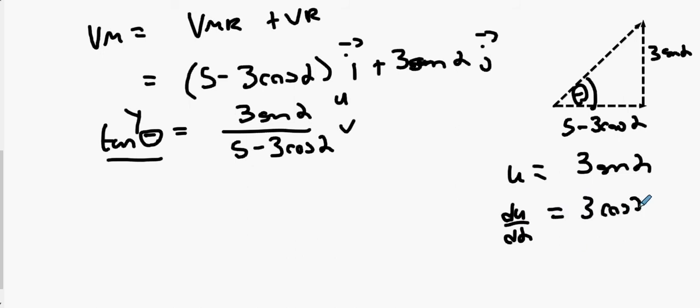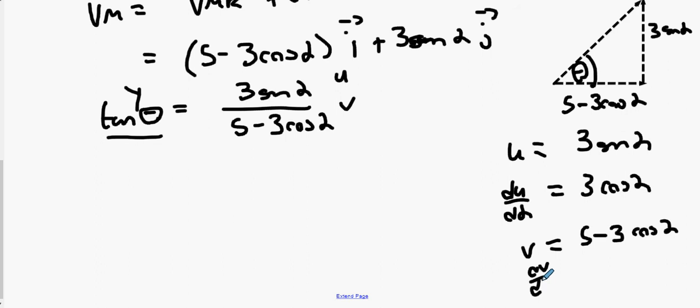And then v is 5 minus 3 cos alpha, and then dv d alpha will be, what's it, cos changes into minus sine, so minus 3 times minus sine alpha is plus 3 sine alpha. Now you're going to do the first derivative, okay? So in a way it's almost like dy d alpha.